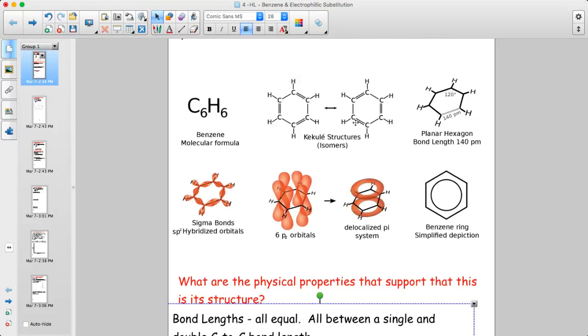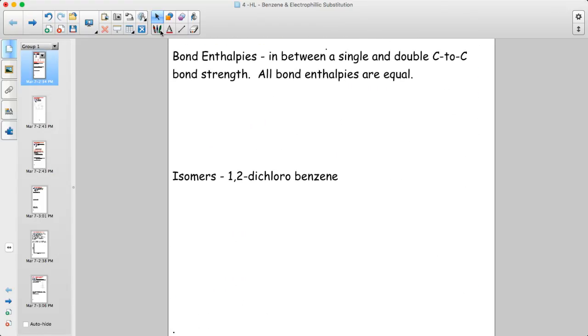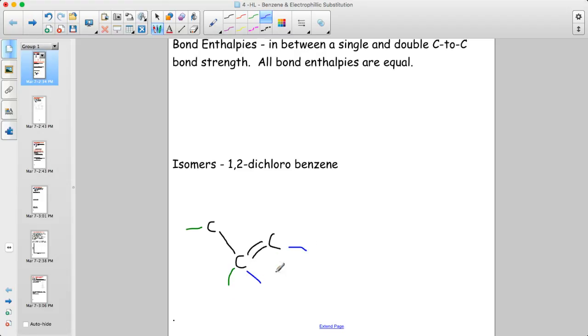And if you had this structure at the top, if you had the alternating double and single bonds, there would actually be 2 different possible isomers, because you'd have a carbon here, and a carbon here, and a carbon here. And so it would be possible to have chlorine sticking off 1, 2 this way, or it would be possible to have them sticking 1, 2 that way. And those would be a little bit different because of the double and the single bonds.